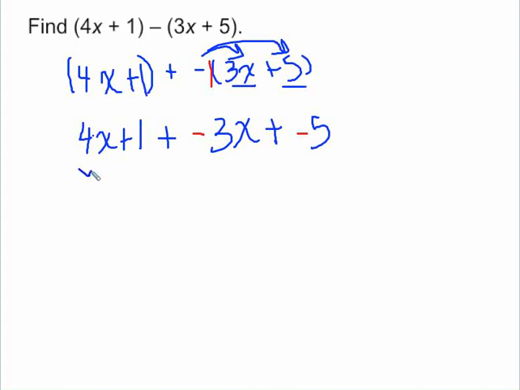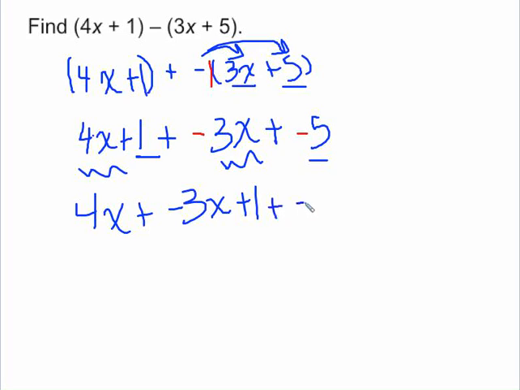I know I can combine 4x and negative 3x. I can combine 1 with negative 5. So I'm going to rewrite my statement. It's going to be 4x plus negative 3x plus 1 plus negative 5. So my final answer will be x, or 1x, plus negative 4, or x minus 4.